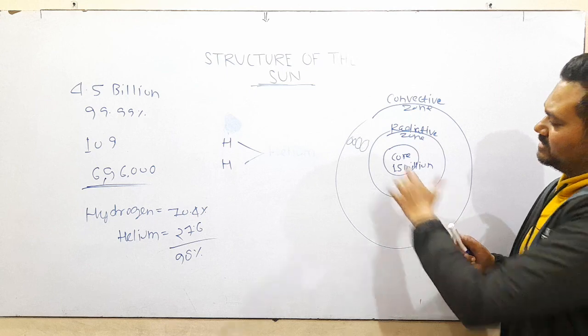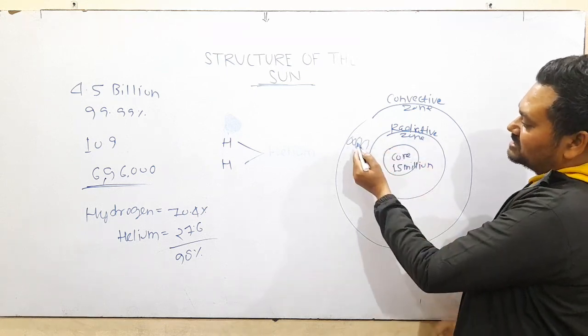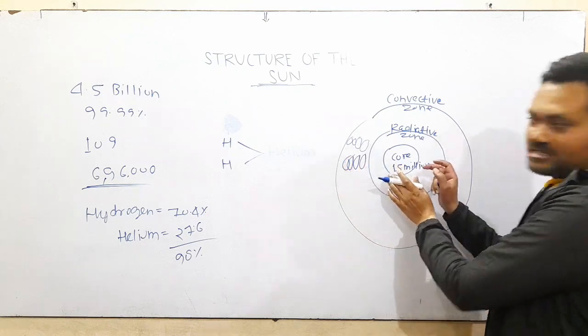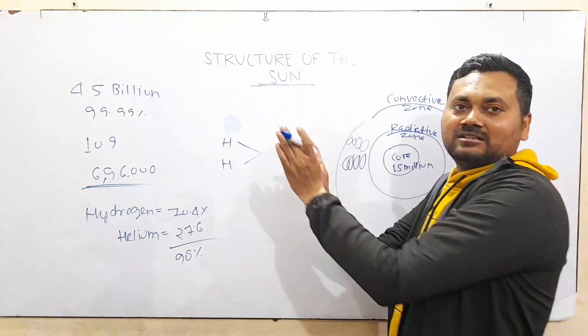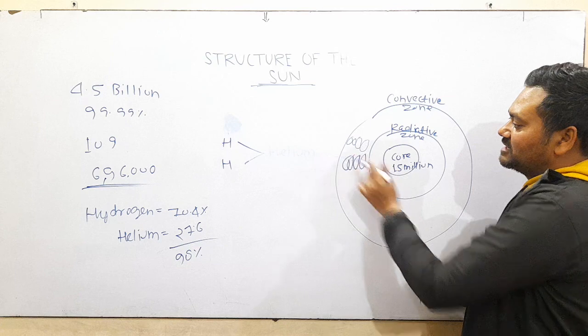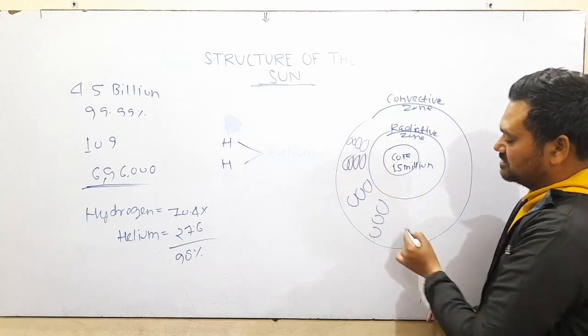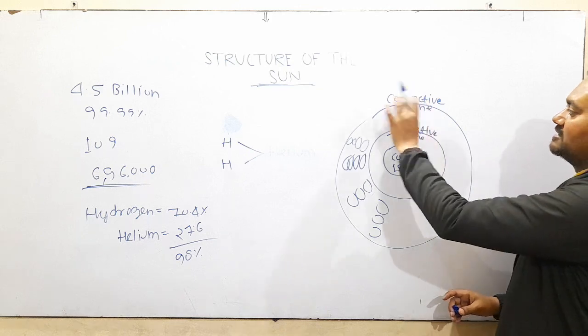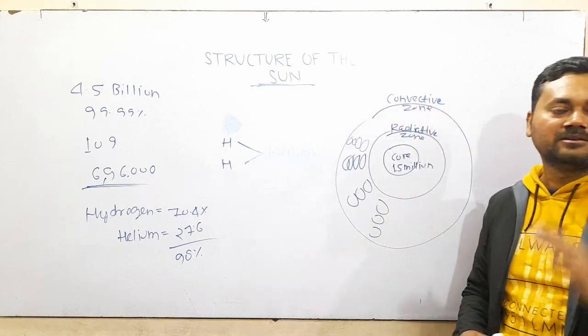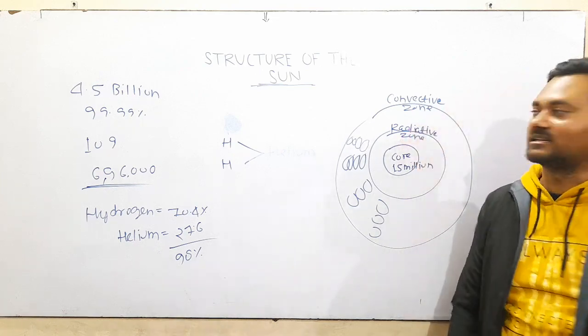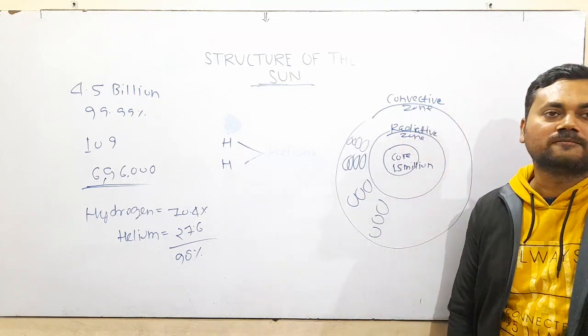As I have told you, the hydrogen cells are there in this zone. The energy goes through these hydrogen cells, because these hydrogen cells are present everywhere in the third layer of the Sun, the convective zone.